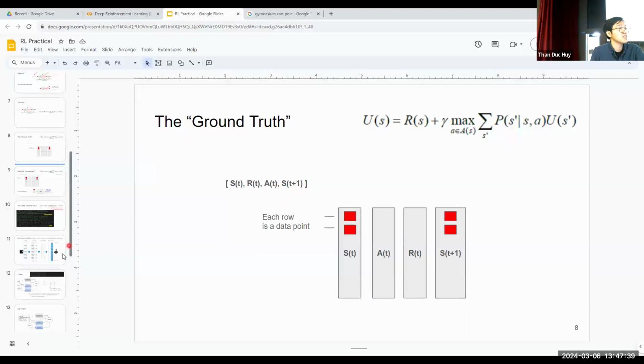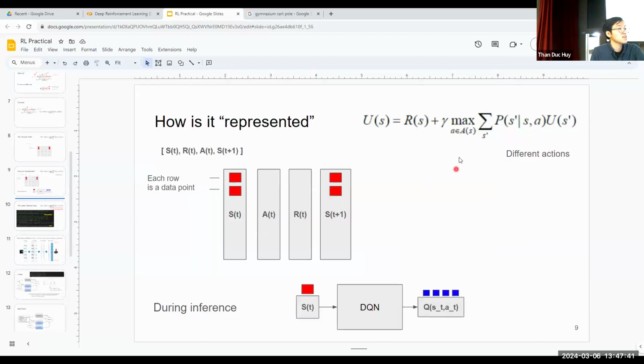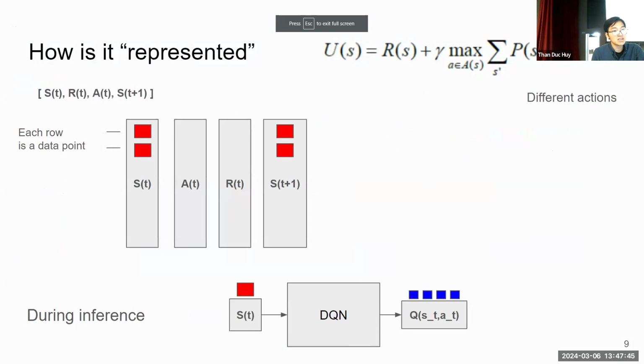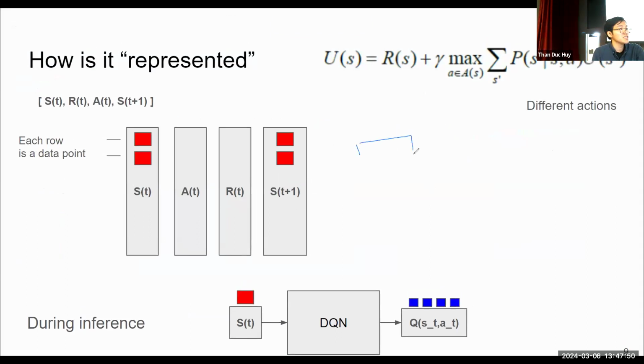Let's go back here. So when I see a state, let's say state S1, I go through the policy net. So this is DQN, and then it gives me 4 possible outcomes.